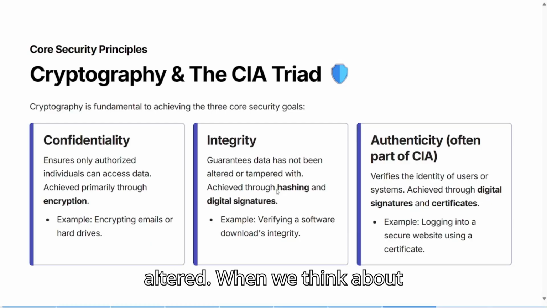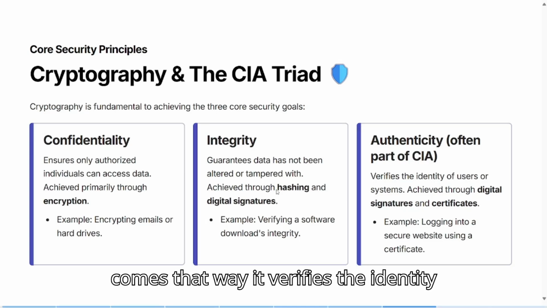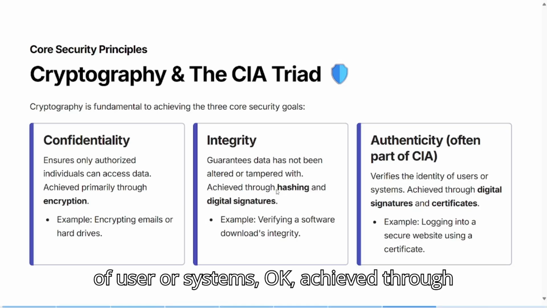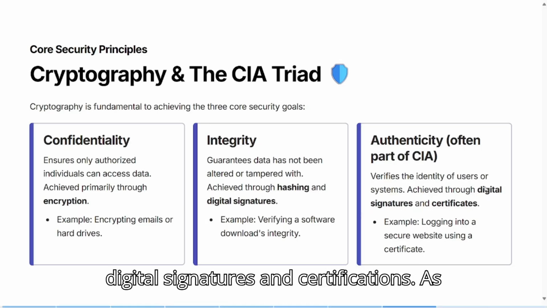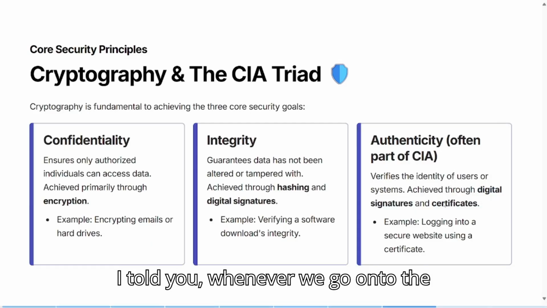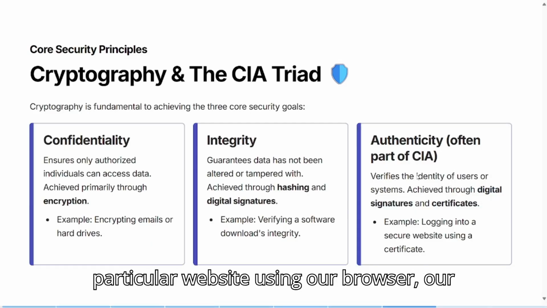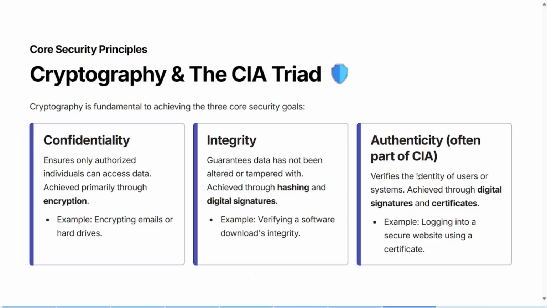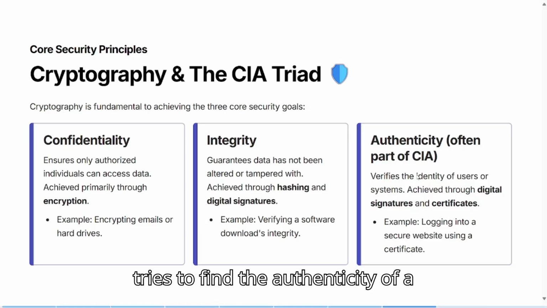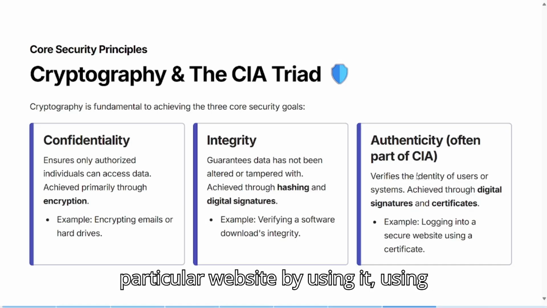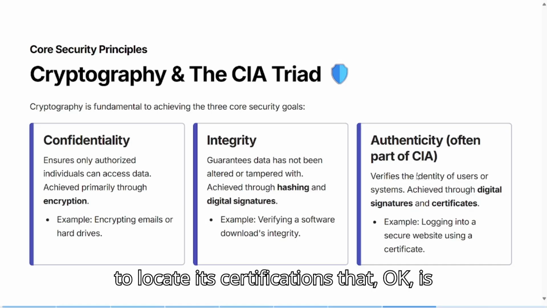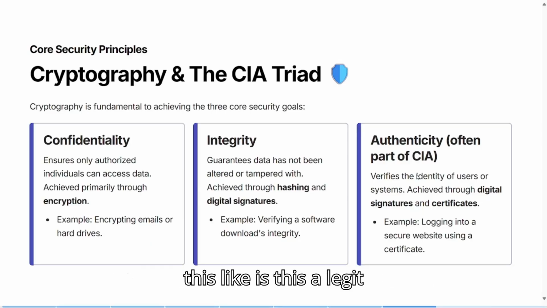Authenticity verifies the identity of users or systems, achieved through digital signatures and certifications. Whenever we go to a particular website using our browser, the browser tries to find the authenticity of the website by locating its certifications, to check whether this is a legit site or an imposter.